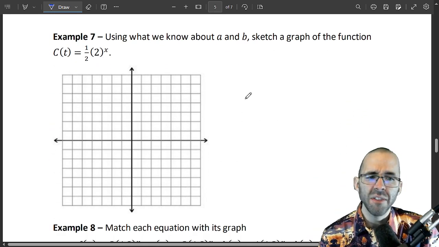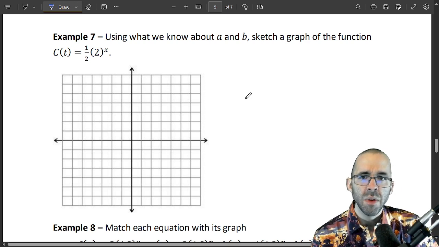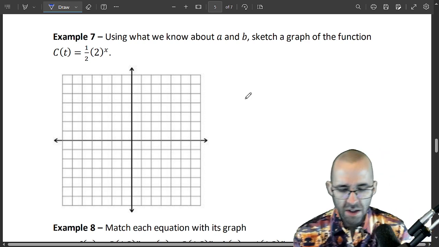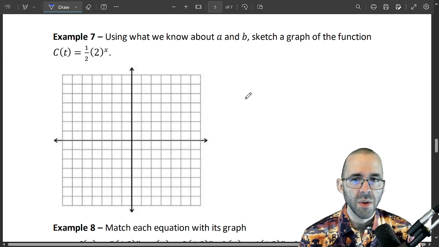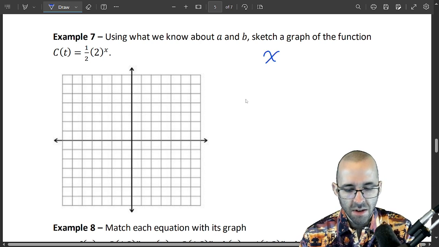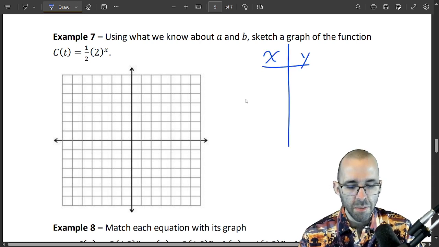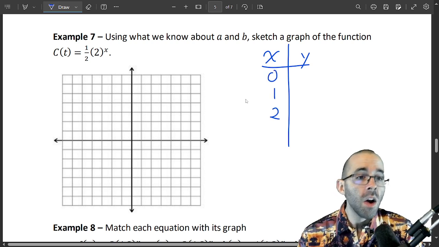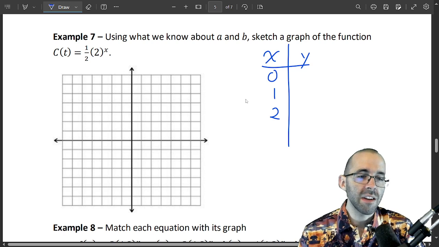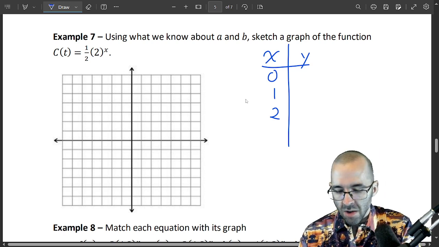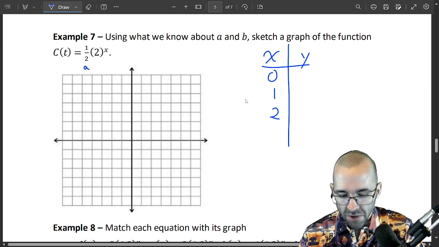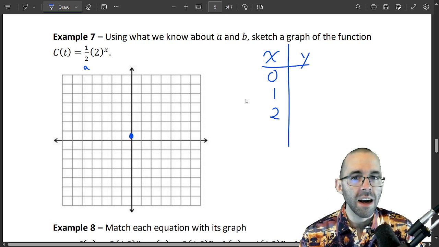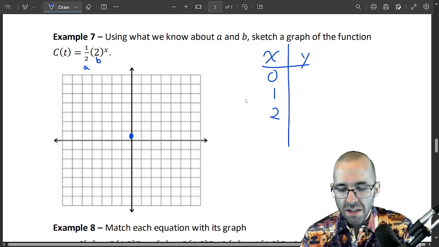Example 7. I won't have you graph a lot of things by hand, but it's important to get some practice. So there's a couple of ways of doing this. You could make a table of x's and y's and pick a bunch of x's and find out what y has to be. Or you can use what we know about starting values, right? Our a value is 1/2. We're starting at 1/2. And our b value is 2.